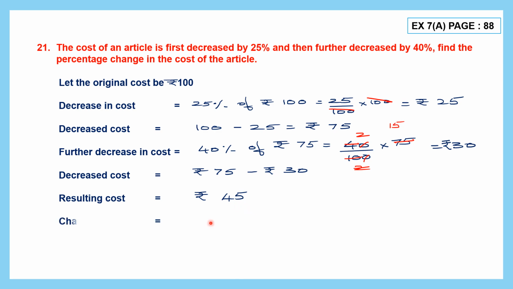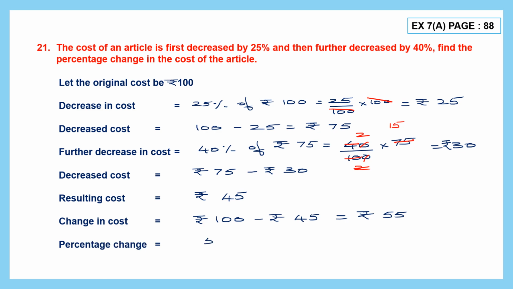So now what is the change in cost? The change in cost is original minus resulting. So original is 100 minus resulting is 45. 100 minus 45 is 55. So the change in cost is now 55 rupees. Now we have to find the percentage change. To find the percentage change, we say 55 by the original amount, which is 100, into 100%, because we're converting it to percent.